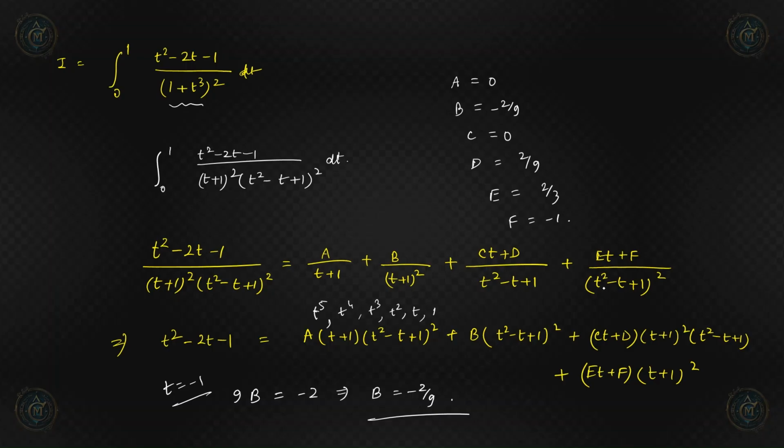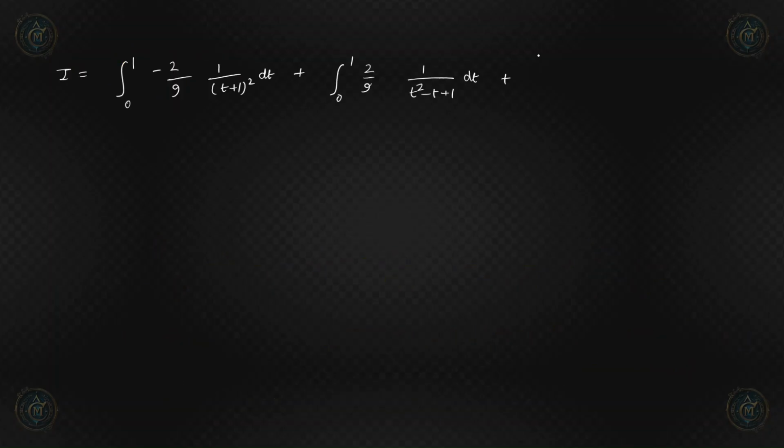So plus integral 0 to 1 of 2 by 9 times 1 divided by t square minus t plus 1 dt, right, plus from this we get integral 0 to 1 of 2 by 3 t minus 1 divided by t square minus t plus 1 whole square dt.